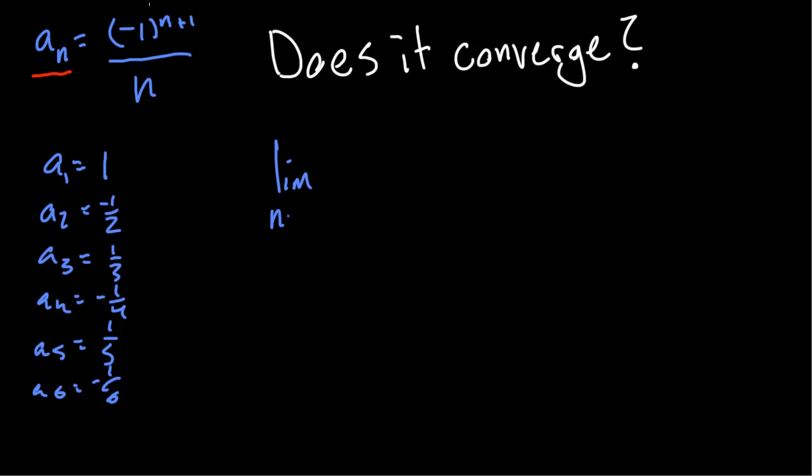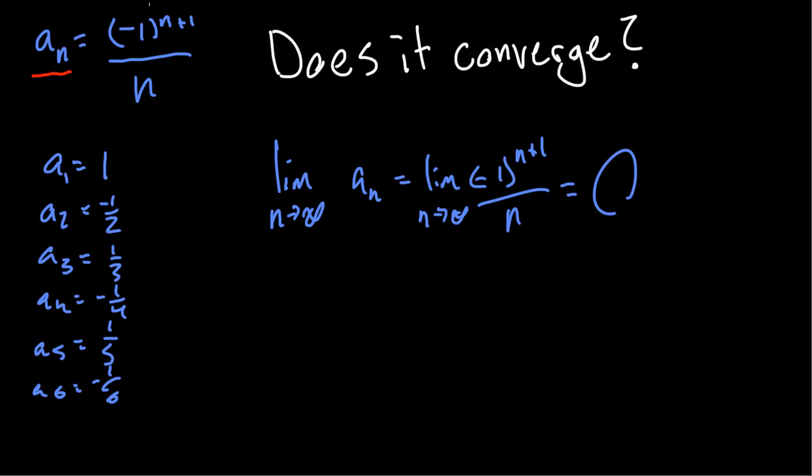Let's say the limit as n approaches infinity, and in this case, n will be starting at 1, of our function a sub n, right? And then we're going to write this as the limit as n approaches infinity of negative 1 to the n plus 1 power over n, which is equal to 0.